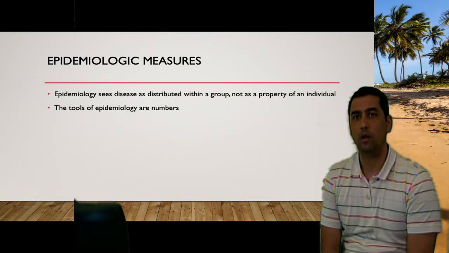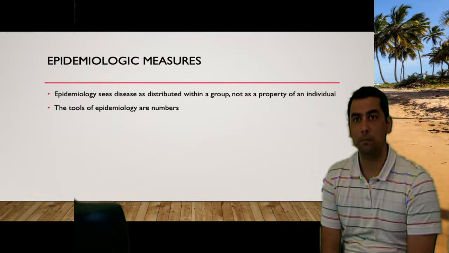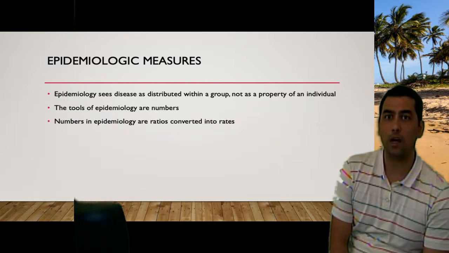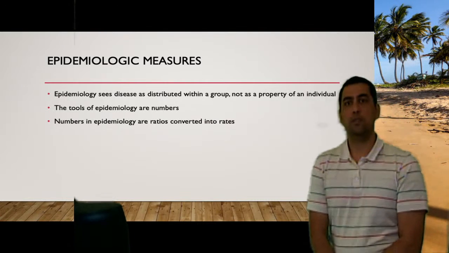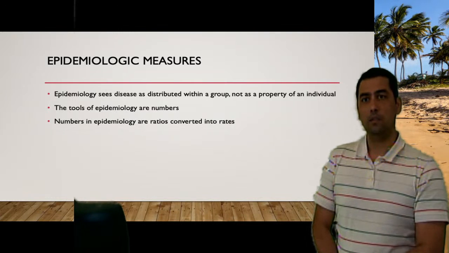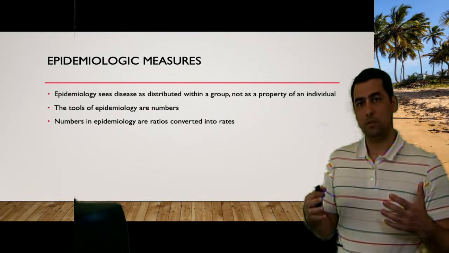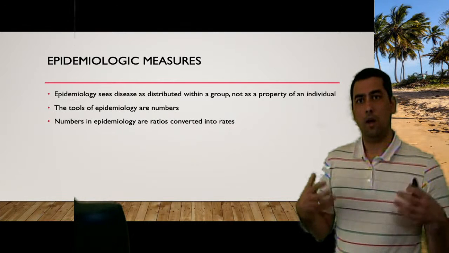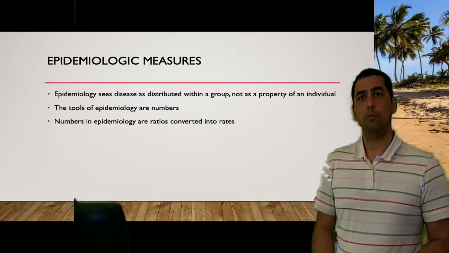The tools of epidemiology are numbers. Numbers in epidemiology are ratios, converted into rates. Okay? You have numbers among a population.